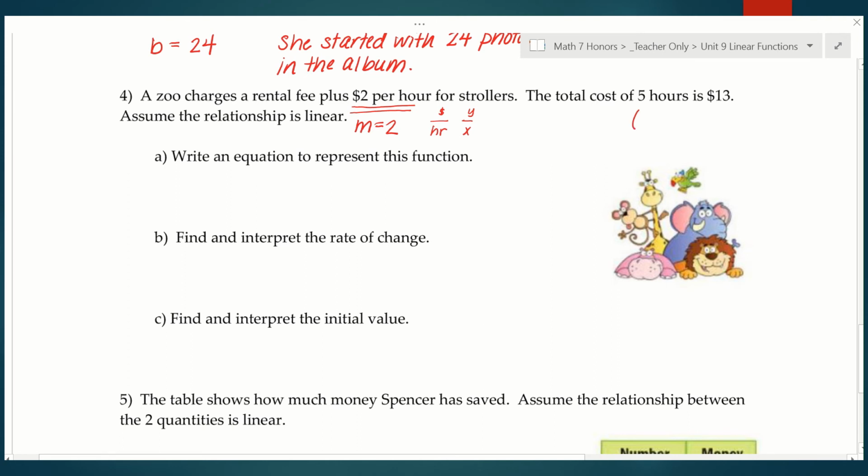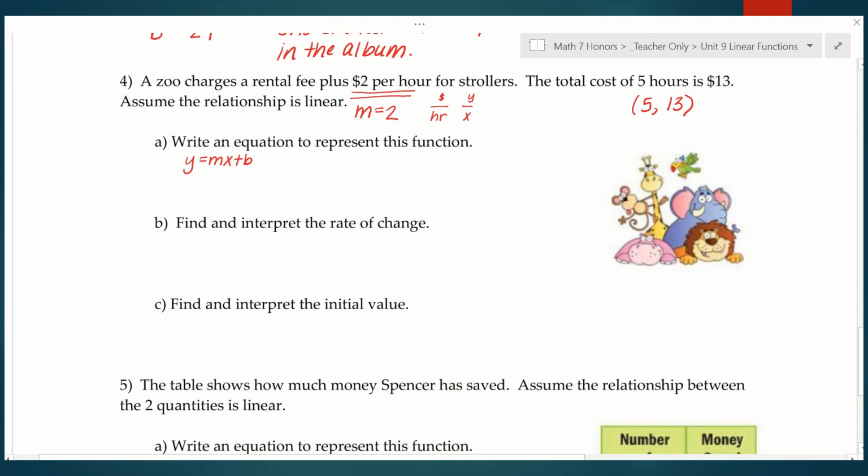So this would be the point (5, 13), since hours is x and the money is y. Right now, when I'm going to write my equation, I don't have the y-intercept. So again, we're going to use our slope-intercept form, plug in everything we know, and solve for b, our y-intercept.